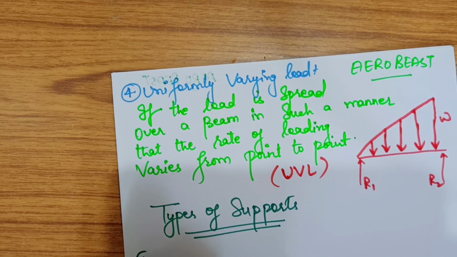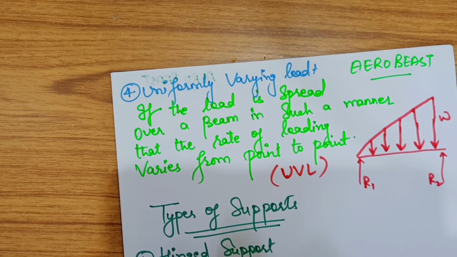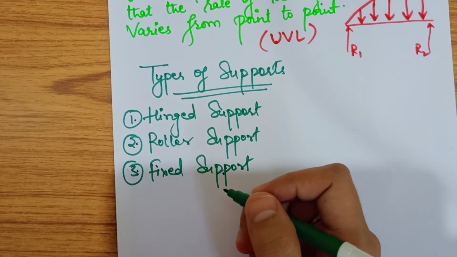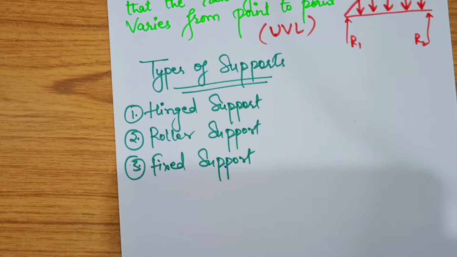The first one is hinged support, the second one is roller support, and the third one is fixed support. So going with the first support, that is hinged support.